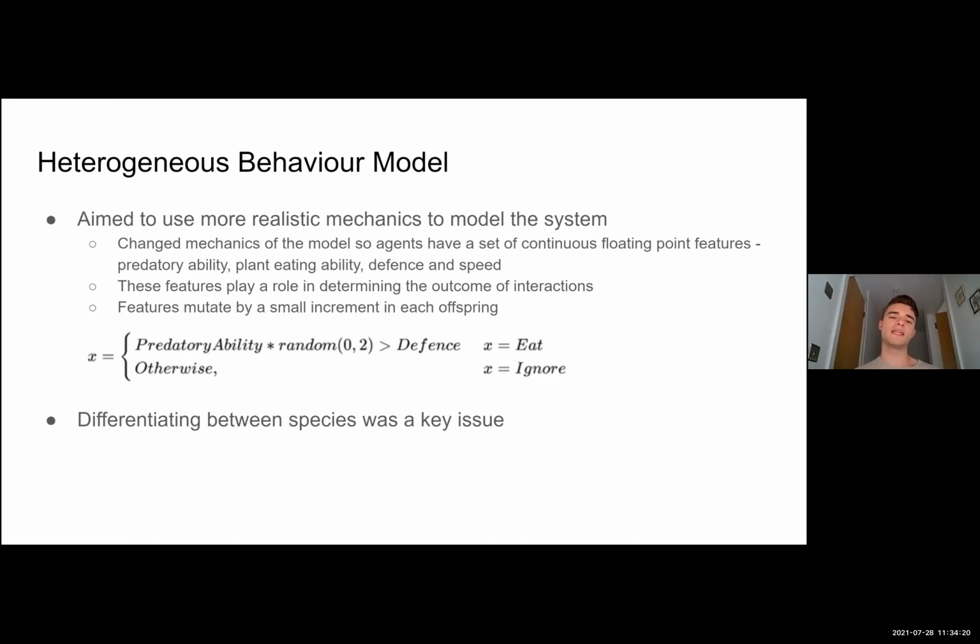There was one key issue with this approach, though, which was differentiating between the different species, because in the re-implementation and extended models, the species were just defined by a discrete set of values, which meant that they were linearly separable. So any agent that had a particular set of features would be classified as the same species. But with these continuous features, each agent has a unique set of values, so this can't be applied anymore.